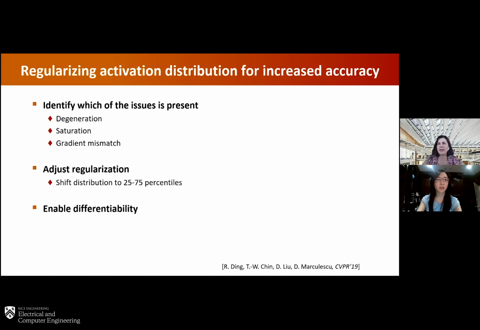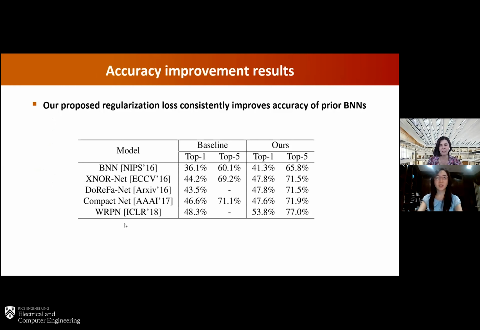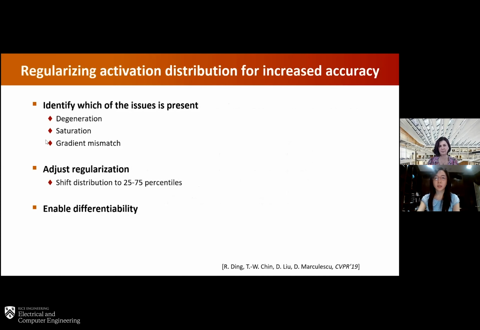Yeah, so I know exactly what you're saying. In our particular scenario, and the way we were considering the networks, the kind of training would exhibit this gradient mismatch issue and the degeneration and saturation.